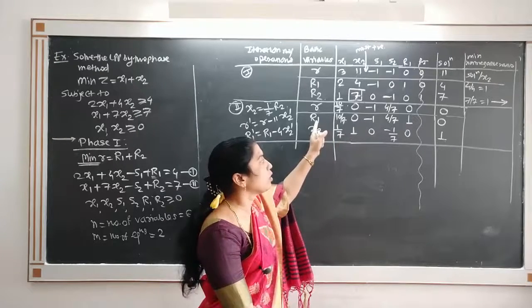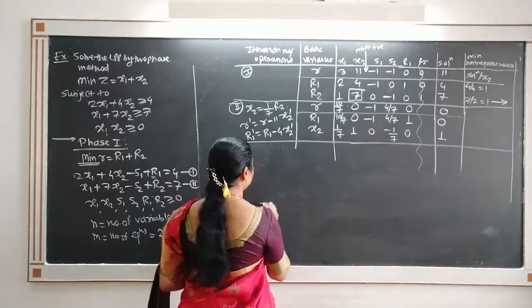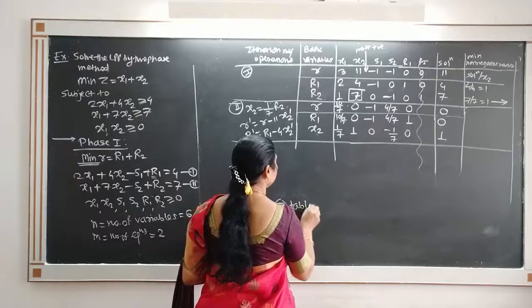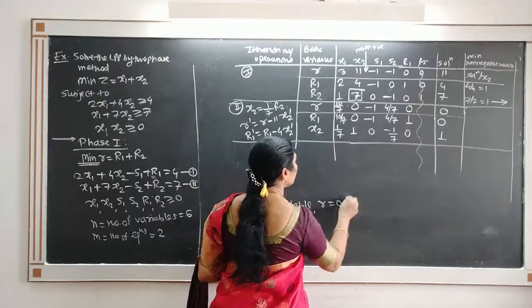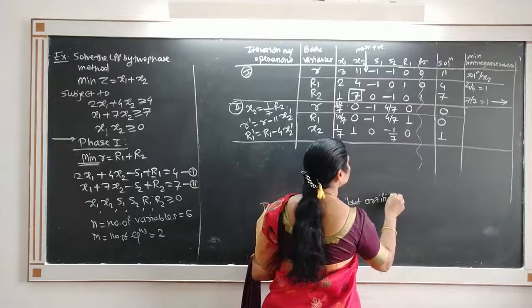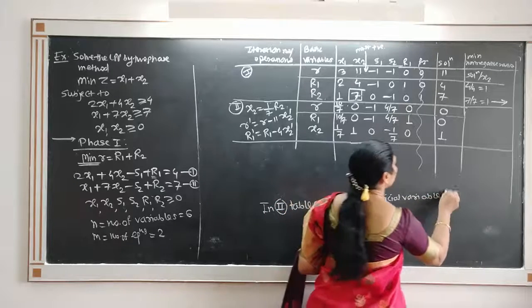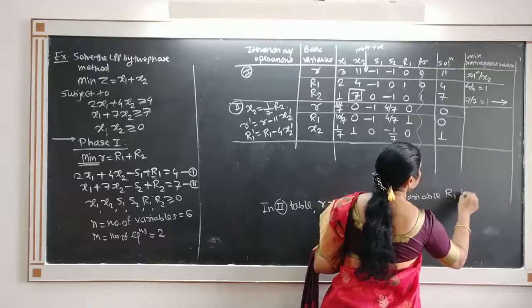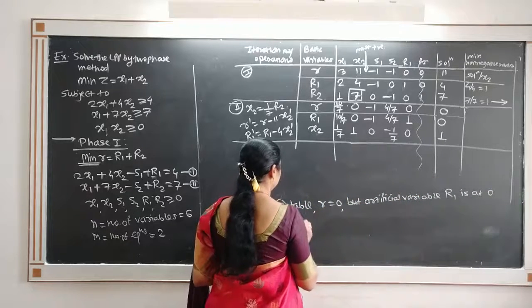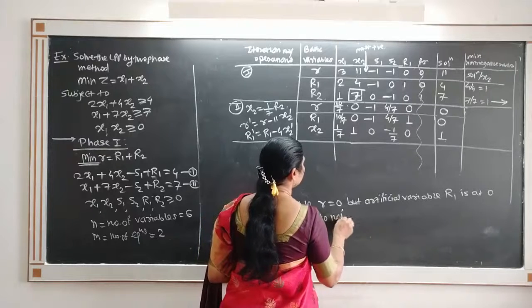So see in the second table, R is equal to 0, but artificial variable R1 is at 0 level, that is, it does not leave the solution.